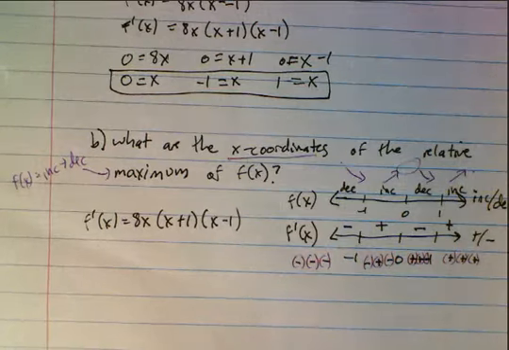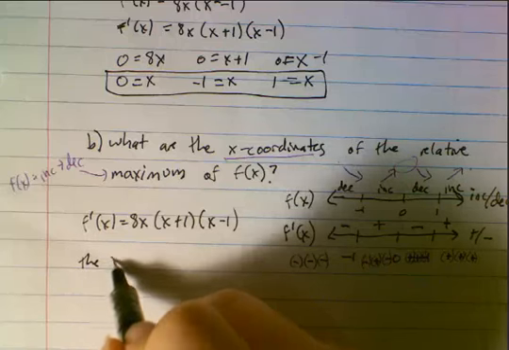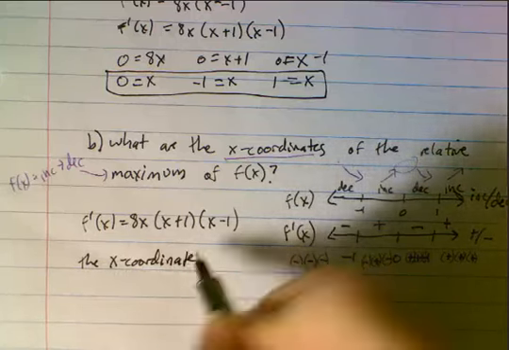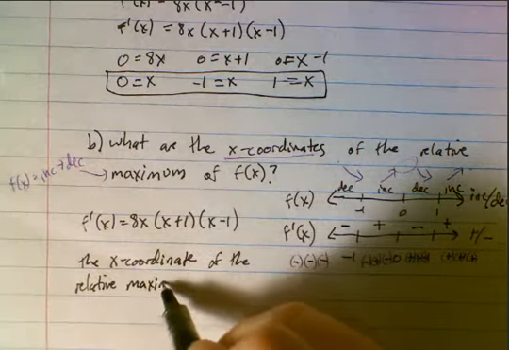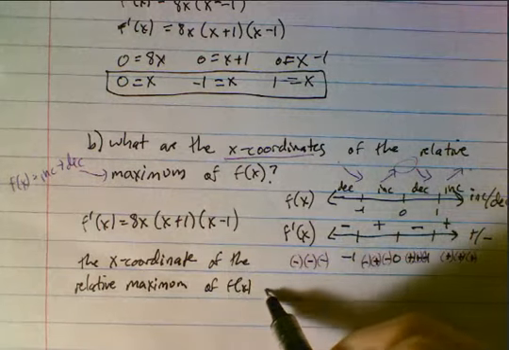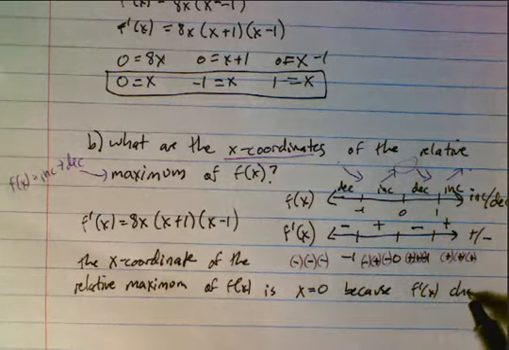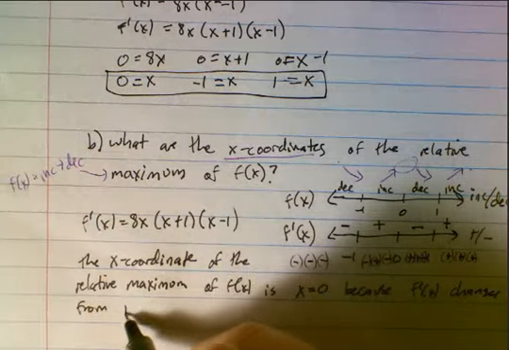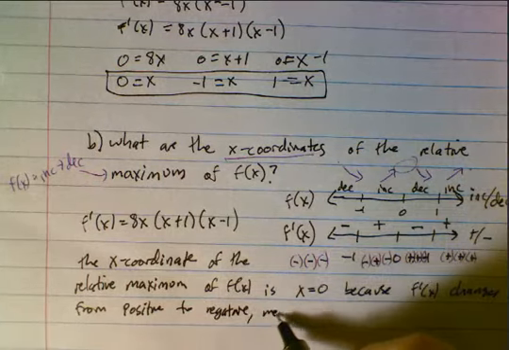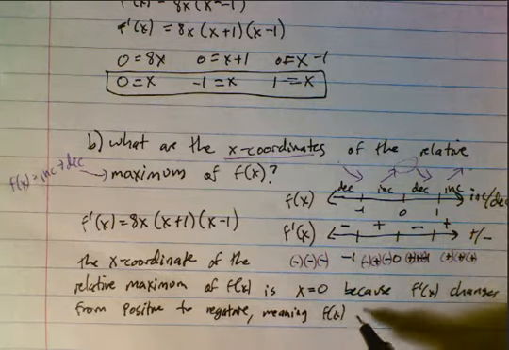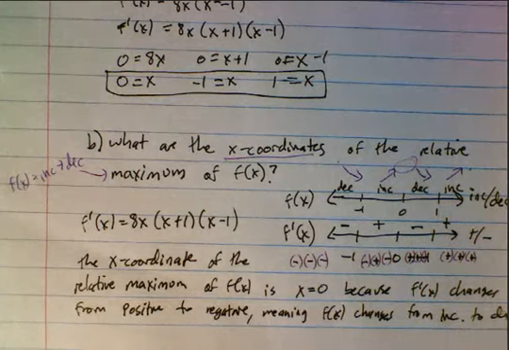We're asked for the x-coordinate of the relative maximum of f of x, which is x equals 0 because f prime of x changes from positive to negative, meaning f of x changes from increasing to decreasing.